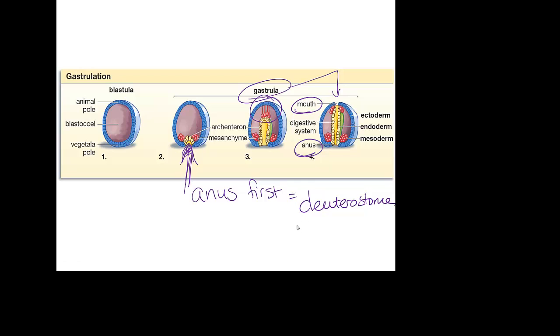In the animal kingdom, deuterostomes are mammals, vertebrates, and starfish, also known as echinoderms.